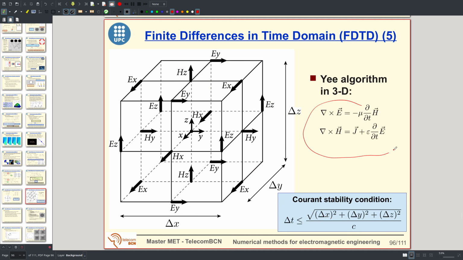You discretize the equations. Now you have the three components of the two fields, electric and magnetic field. They have three components, and the interleaved discretization of the electric and magnetic field is a real mess.